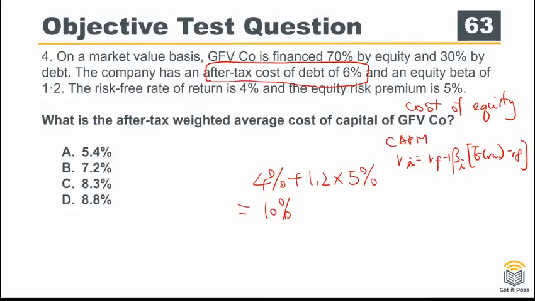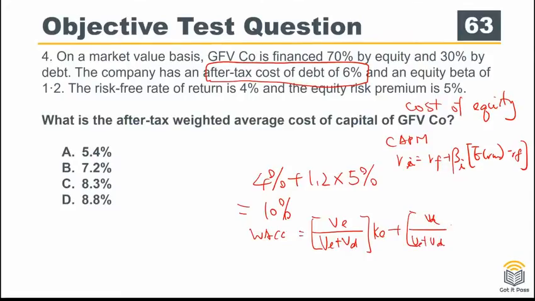For the WACC formula, it is the equity market value divided by the total company value times the cost of equity, plus the weighting of the debt times the after-tax cost of debt.